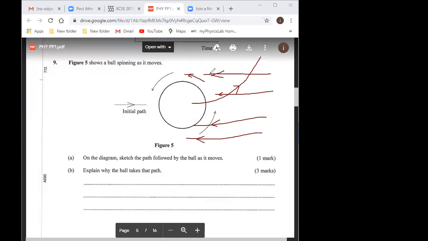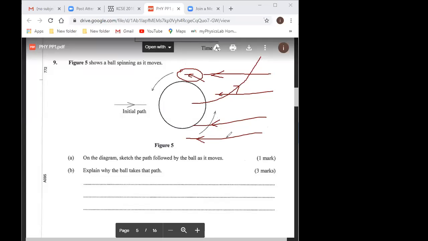So it means that the speed of air is going to be increased because it is being pushed in the same direction by the spinning effect of the ball. Therefore, at this position, the speed of the air is higher, so there is lower pressure.